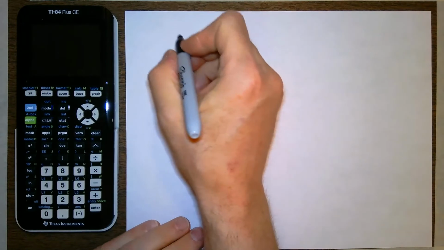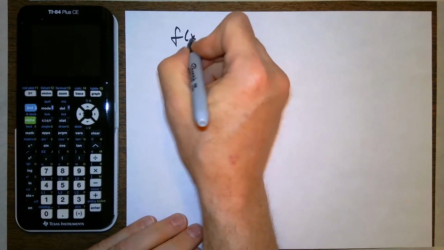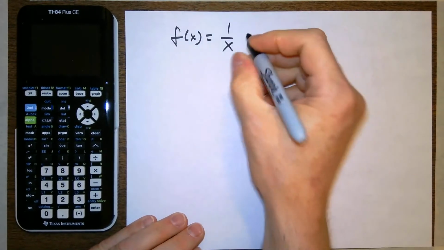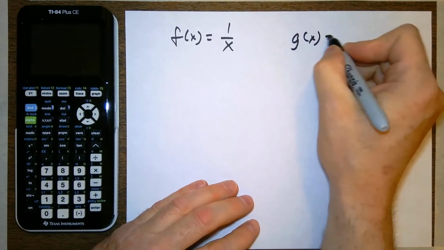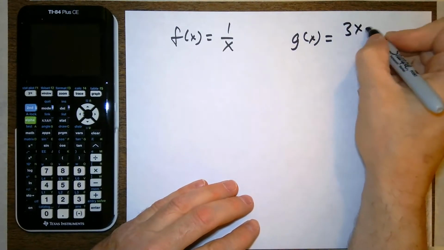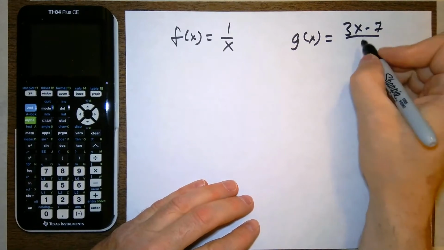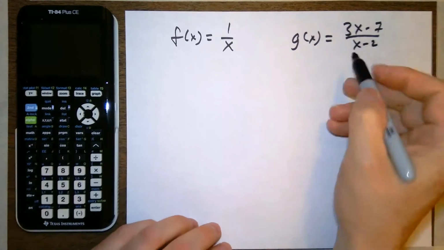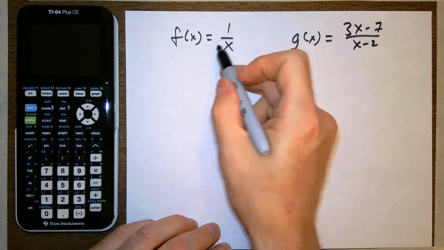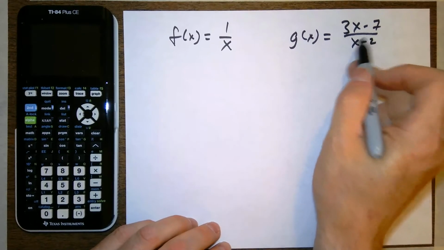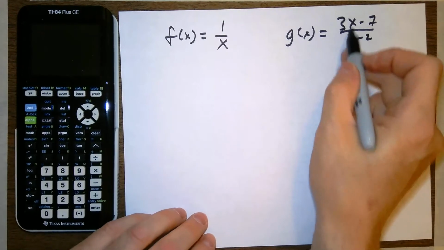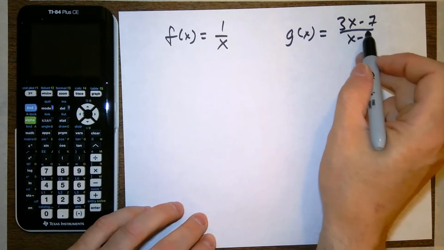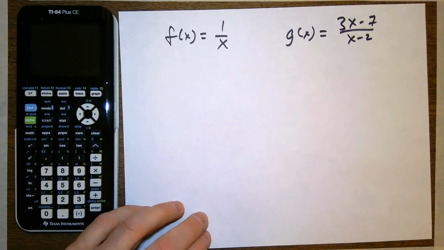Suppose we consider f of x equals 1 over x, my nice well-behaved parent function, and some other function, g of x, equals 3x minus 7 over x minus 2. What do I have to do to this function to get that function? I'm going to use long division here and divide this out: 3x minus 7 divided by x minus 2.